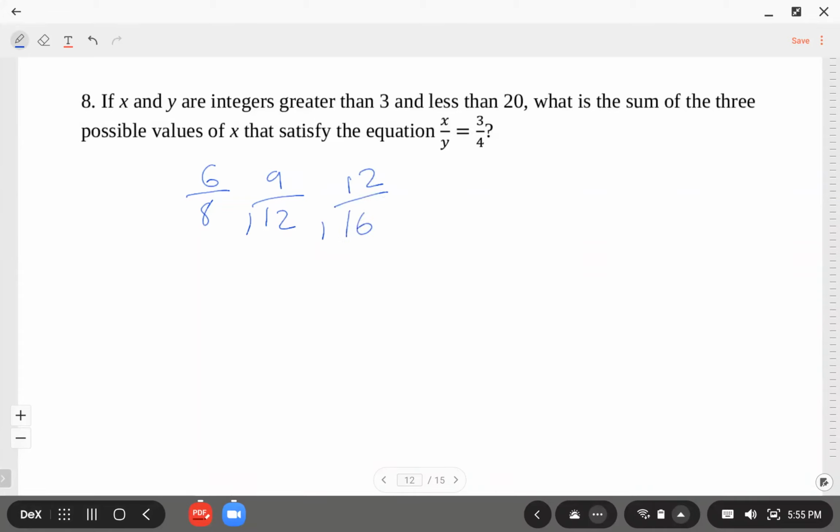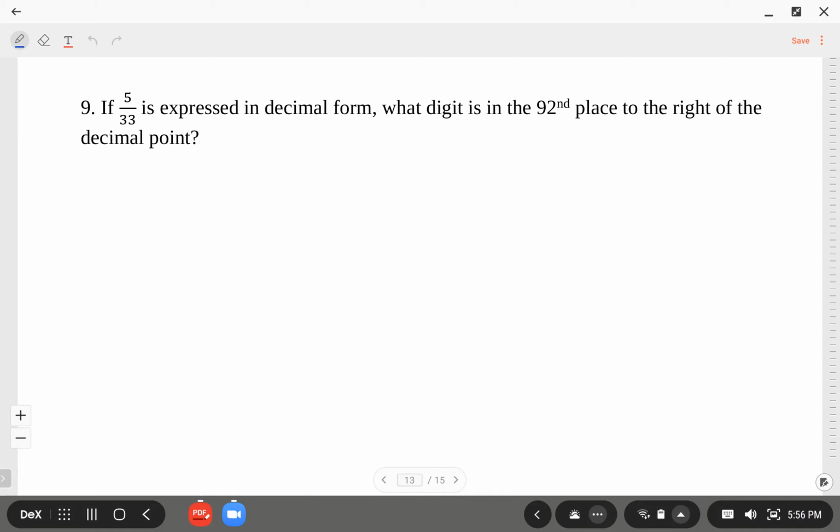If you go any further, it's going to be 15 over 20, and we can't do 20 because it's less than 20. So we have these three possibilities, and we just add the x values, and it's going to be 27. So this is quite a hard one. This is a tiebreaker problem.